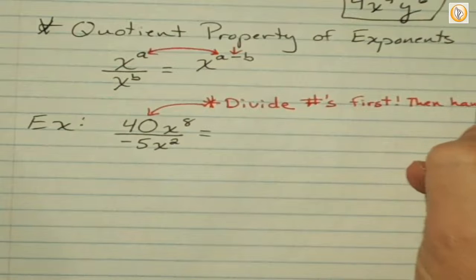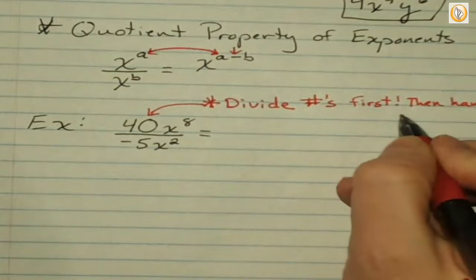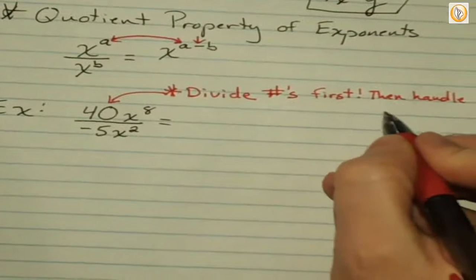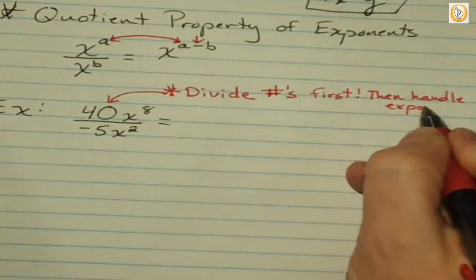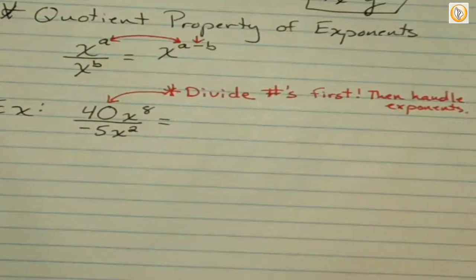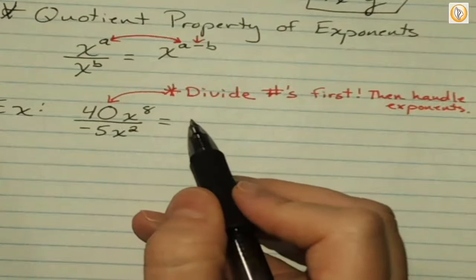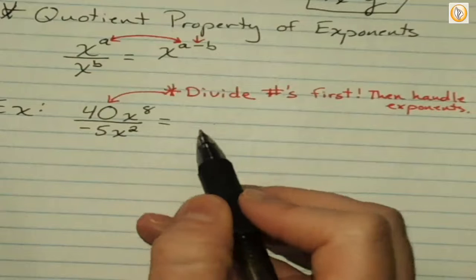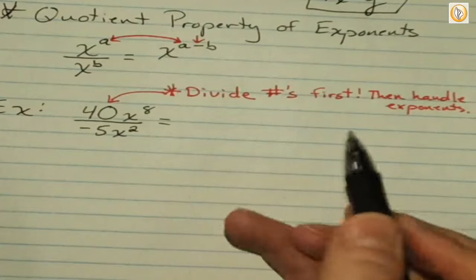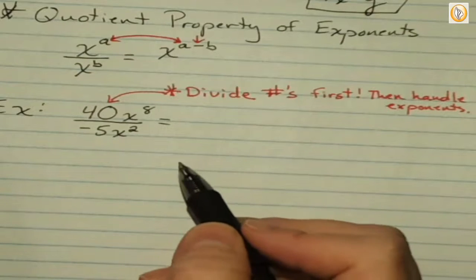Then handle exponents. In other words, don't write over here 40 over -5 and then start doing your exponents. You can do it all together.